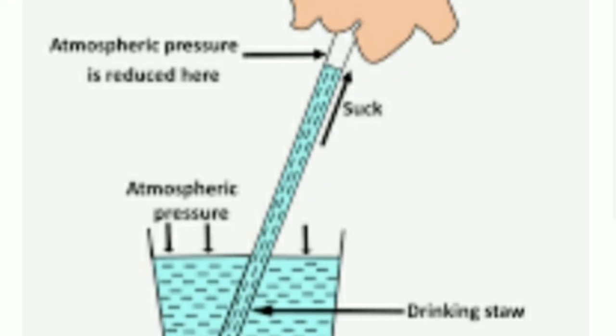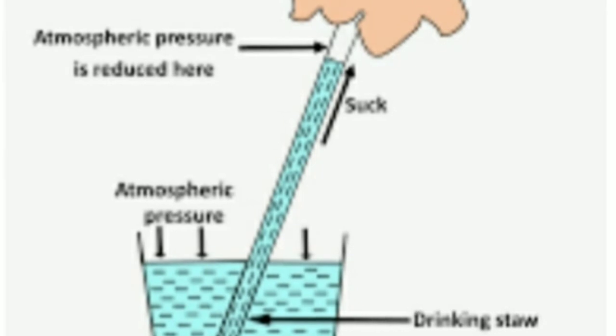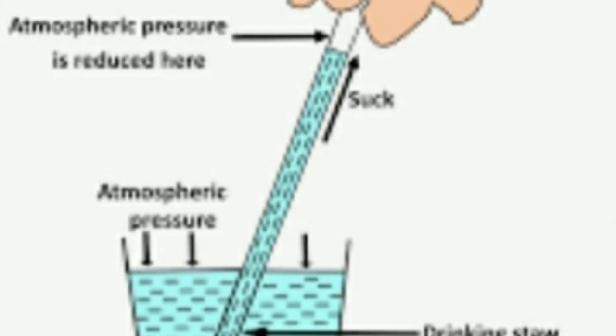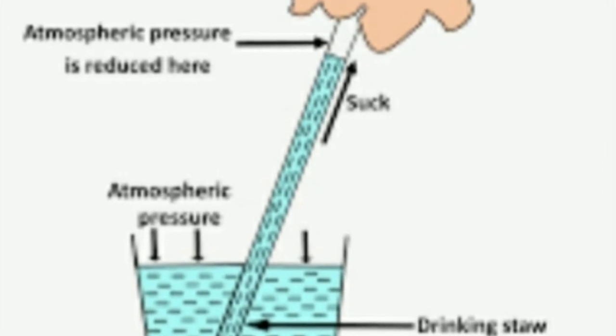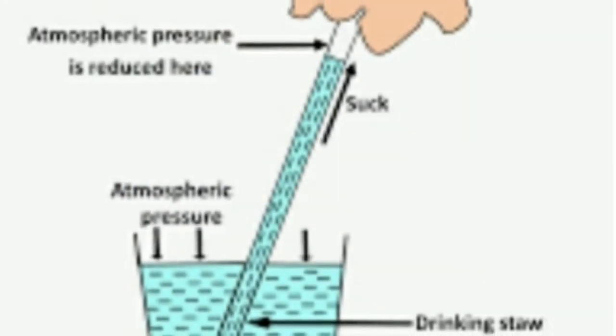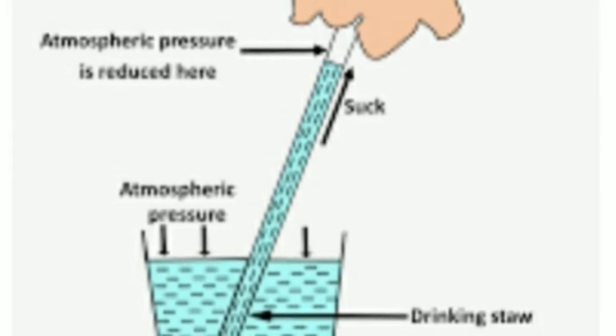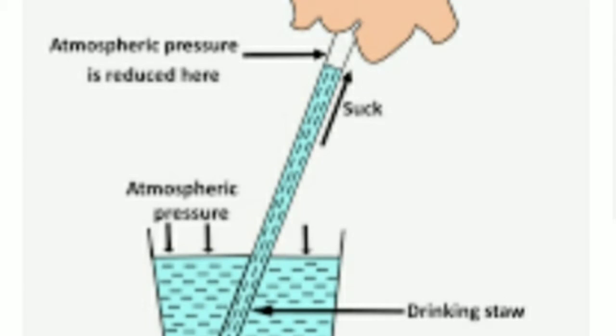The surface of water experiences atmospheric pressure which is very large. So this atmospheric pressure acting on the surface pushes the liquid up in the straw and you are very comfortably able to drink liquid through a straw without again and again applying force.